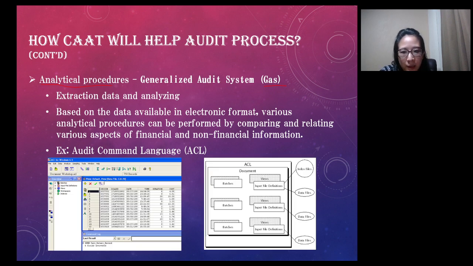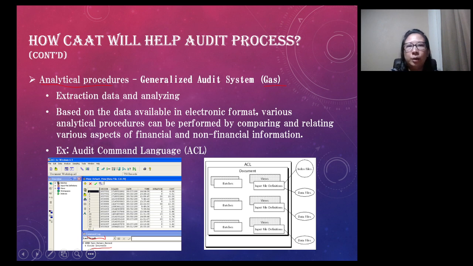And the ACL looks like this. So we can extract the data something like this, and then for each data we can do commands like this. We can put in what we want to know, what we want to analyze, for example whether we want to see unusual data.